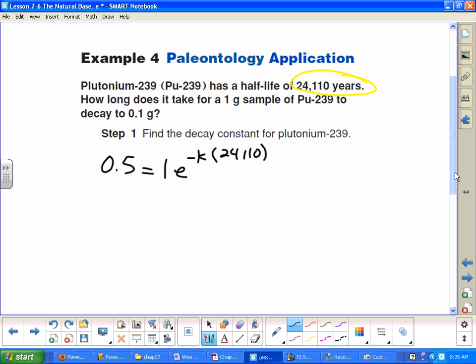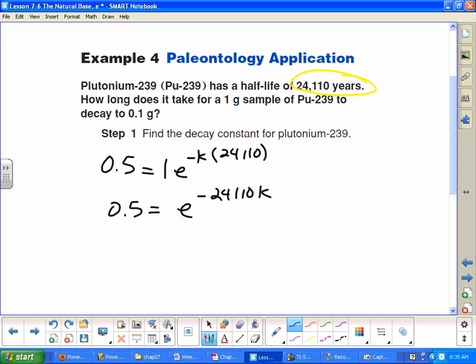So we have to solve this equation. Let's simplify the way it's written first. We've got 0.5 equals e to the negative 24,110 k. So we have an exponential equation. Can I write e and 0.5 with the same base?